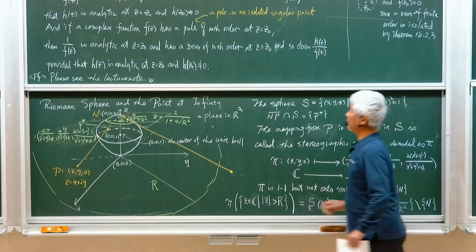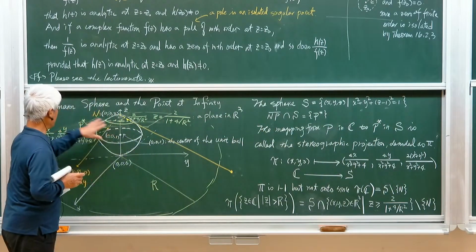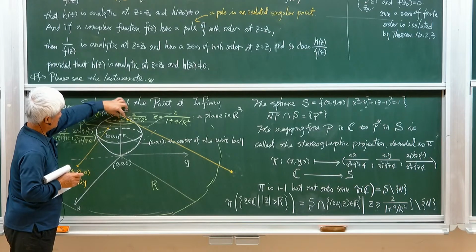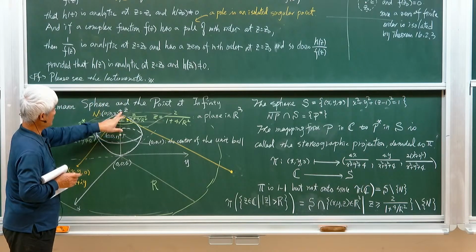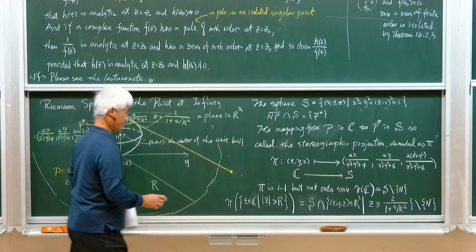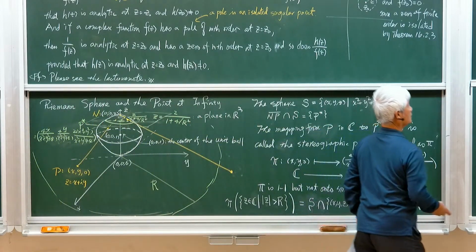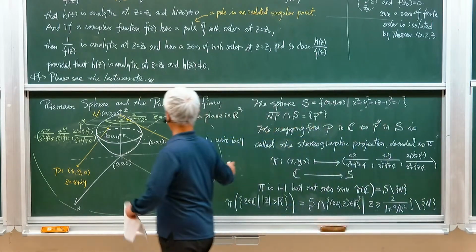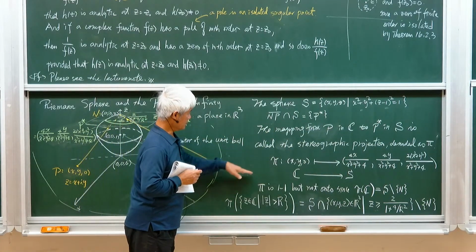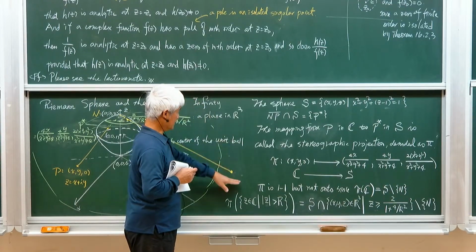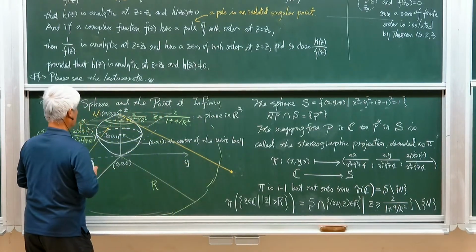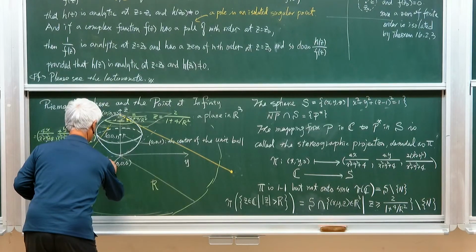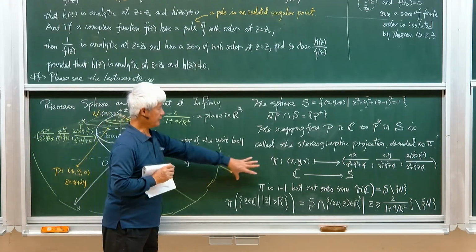You see that when P star is approaching the North Pole, the distance of P from the origin, so this is the origin here, goes to infinity.